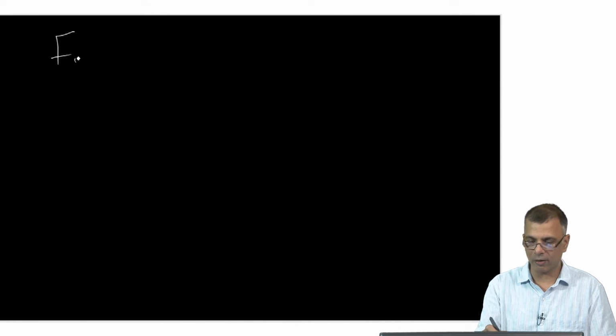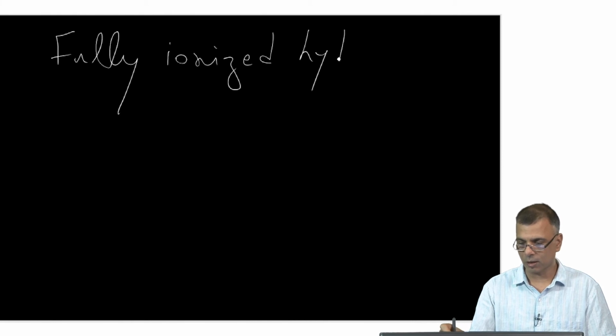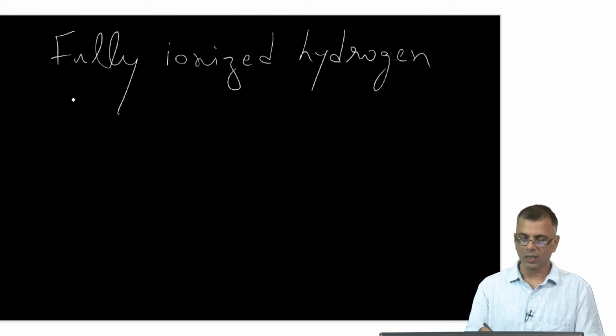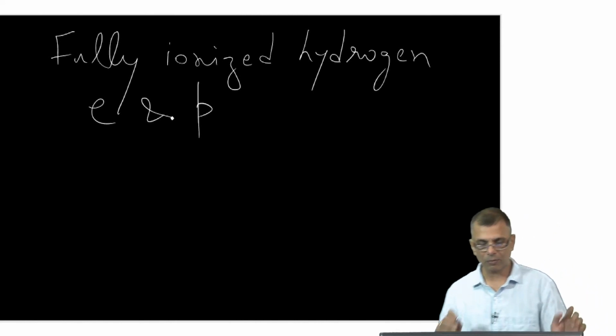Many times what happens is, as matter falls in, there is not enough time for, so let's simply talk about an electron-proton plasma, a fully ionized hydrogen. Let's neglect the presence of other heavy elements, so only electrons and protons. Let's talk about this.